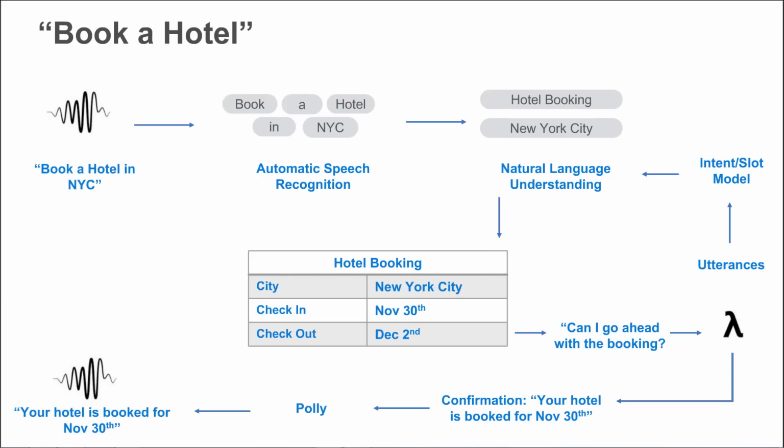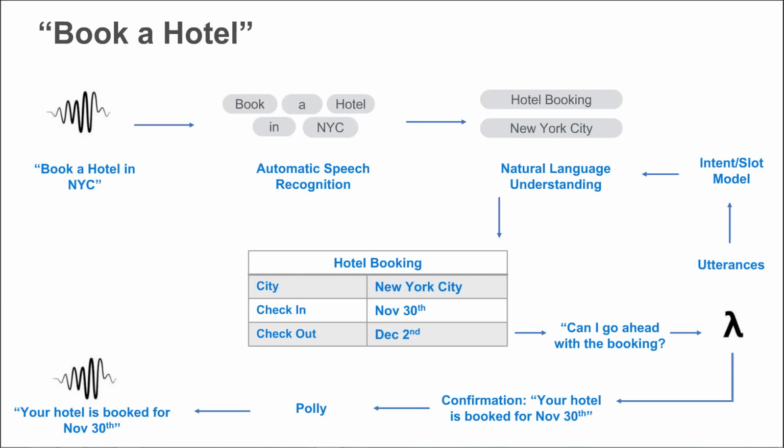Once it has all the data, we have a concept called a confirmation prompt, where it'll ask, can I go ahead with the booking for New York City on the 30th of November, checking out on the 2nd of December? It will be $25 a day. And then you can say yes. And then the transfer goes to Lambda, or if you choose, it could go back to the client.